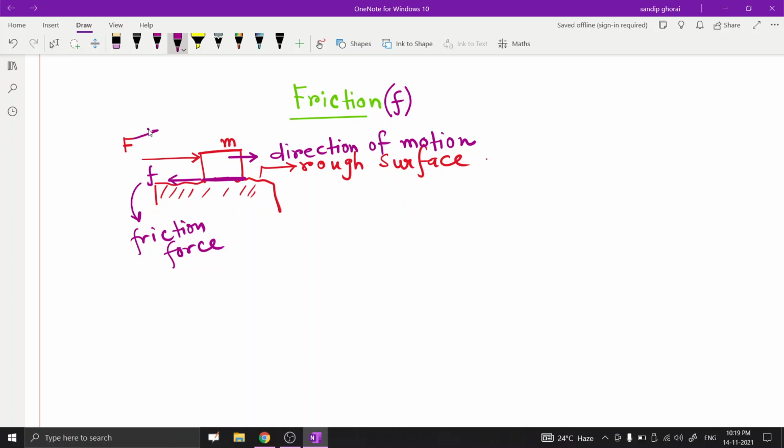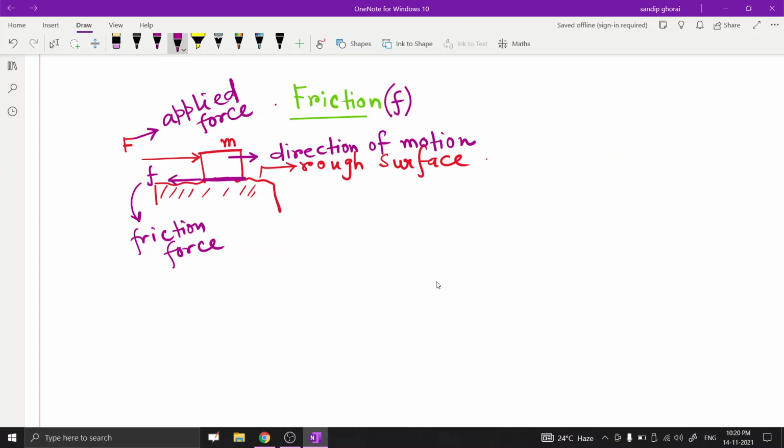Capital F is the external applied force. The friction force acts between two surfaces: one is the rough surface and the other is the surface of the body.